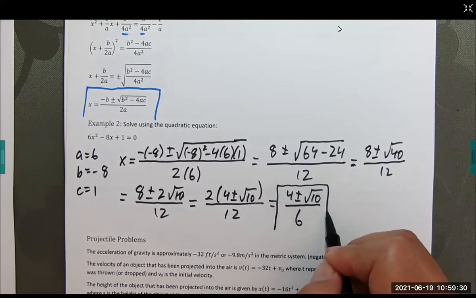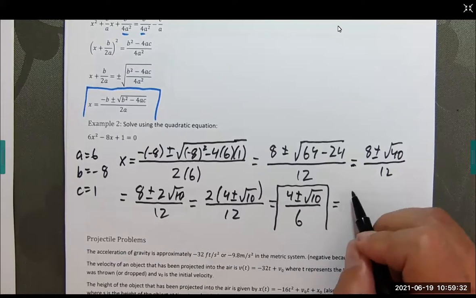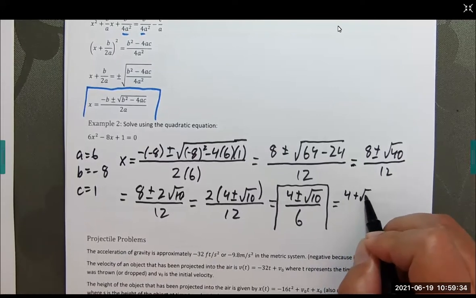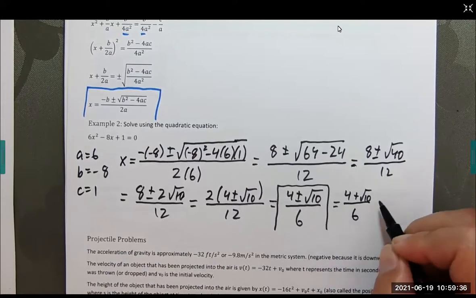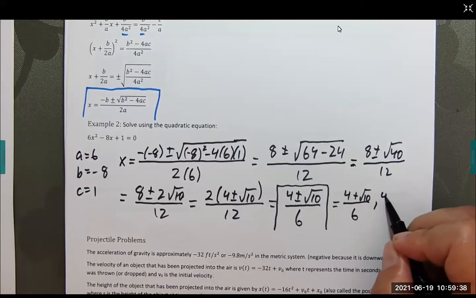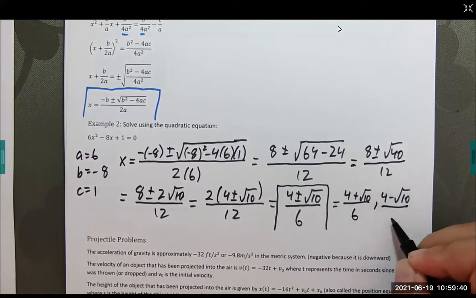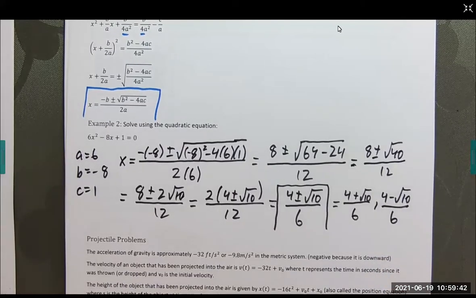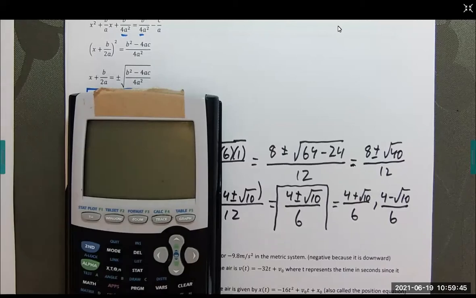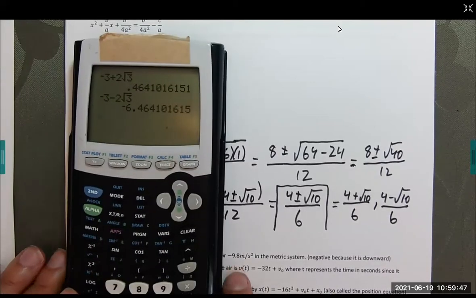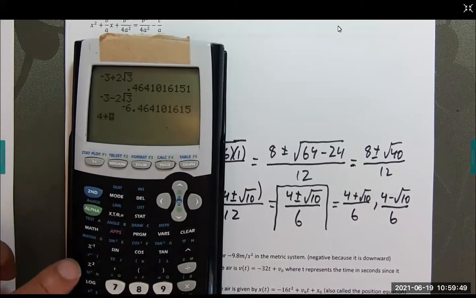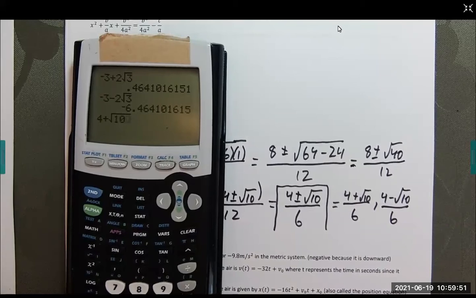Traditionally, this is how we write it. Your teacher, if you had to write it as 2 separate, would look like this. And I'll even get us decimal approximations for this. So 4 plus the square root of 10. I hit enter, and then I hit divide by 6.